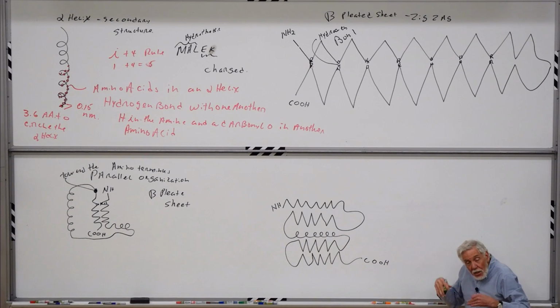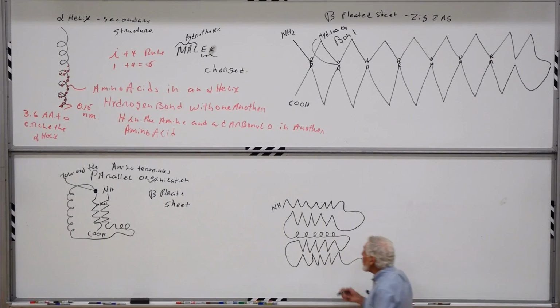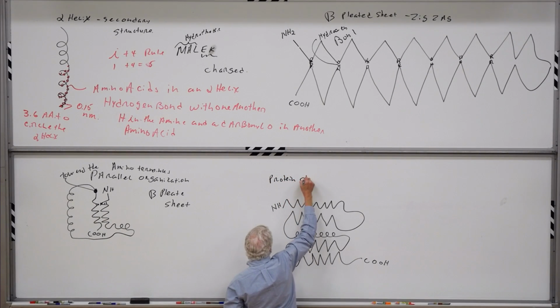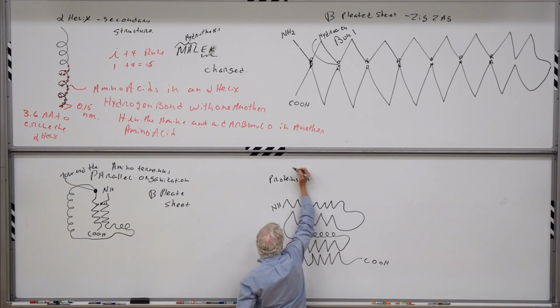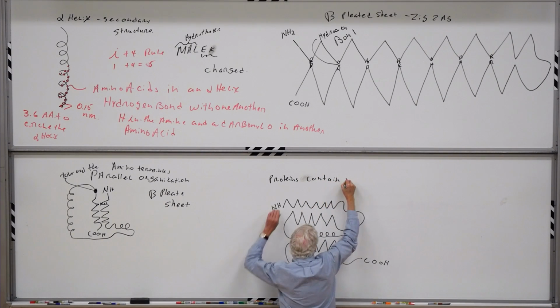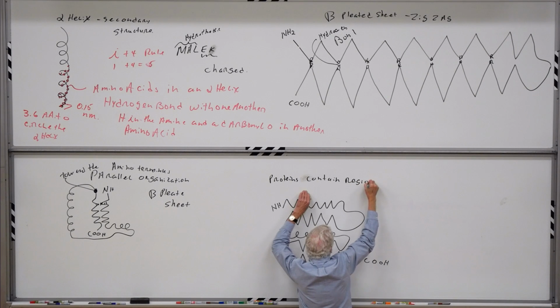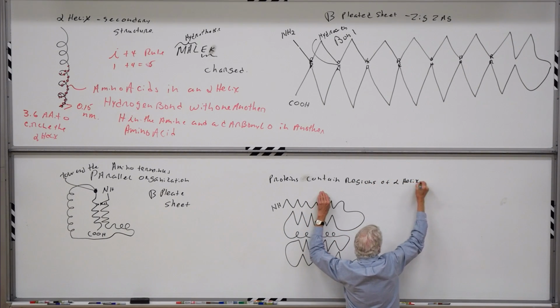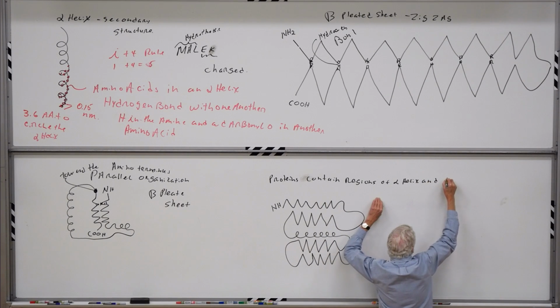All I mean to say by this is that proteins contain regions of alpha helix and pleated sheet.